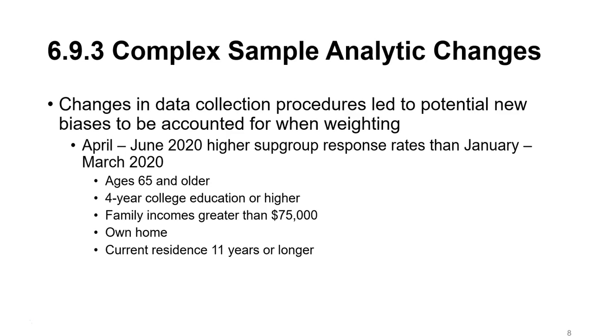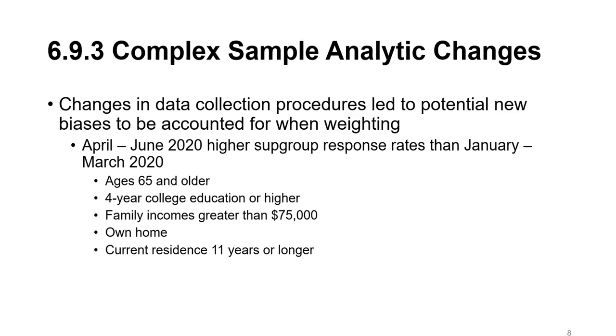Section 6.9.3, Complex Sample Analytic Changes. So the changes in the data collection procedures led to many new potential biases that need to be accounted for when analyzing the data. From April to June 2020, it was noted that there were higher subgroup responses from different groups than there were prior to that change.